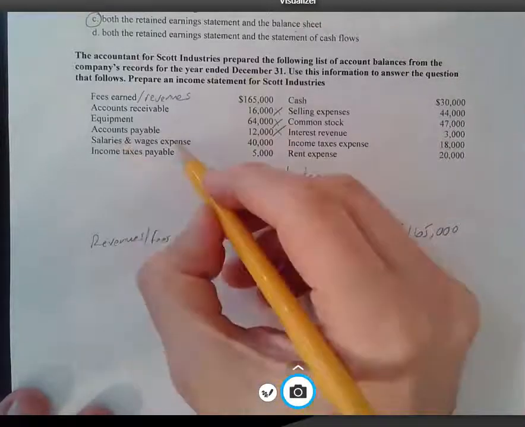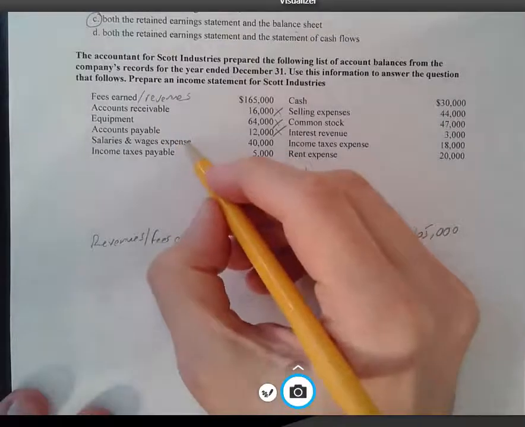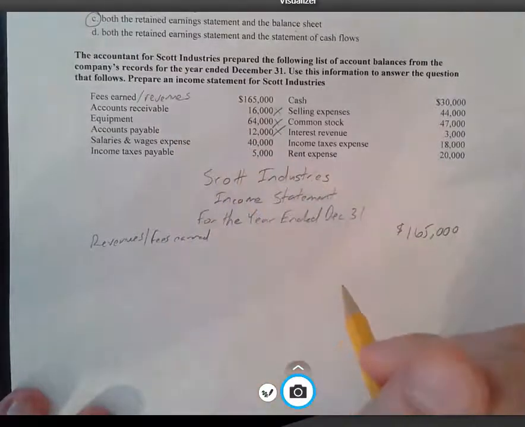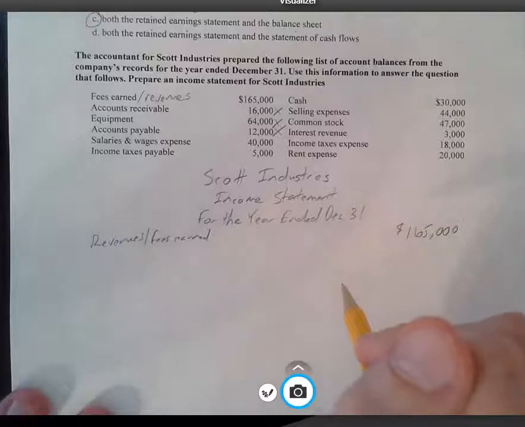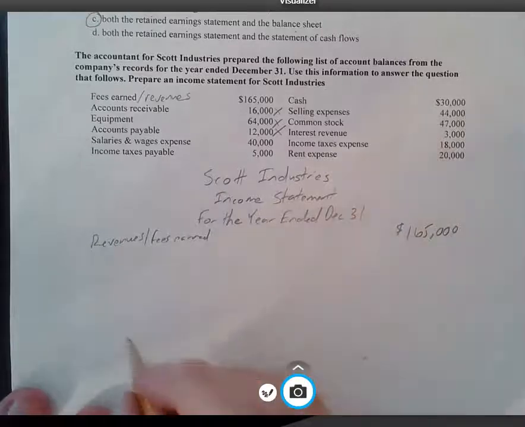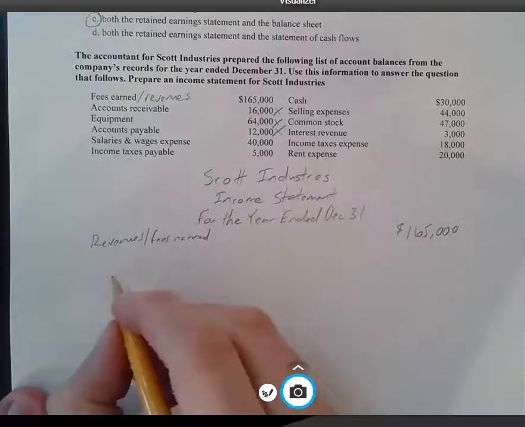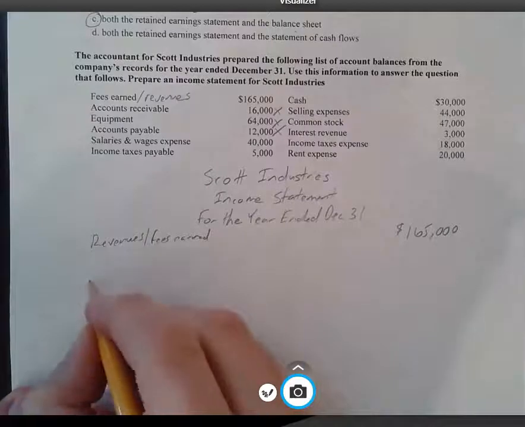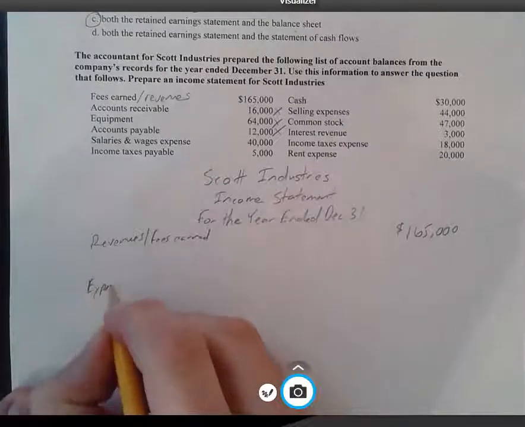Salaries and wage expense. Anytime you see the word expense and it is not some type of a prepaid expense, it is an income statement account. So we're going to come down here and put a little expenses header here.